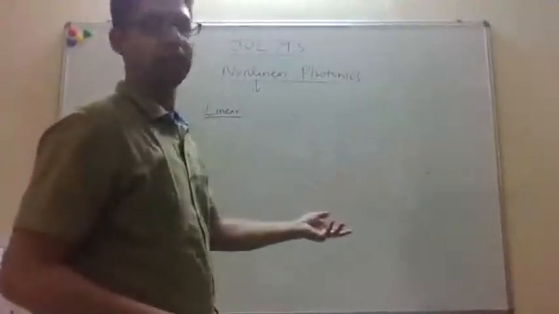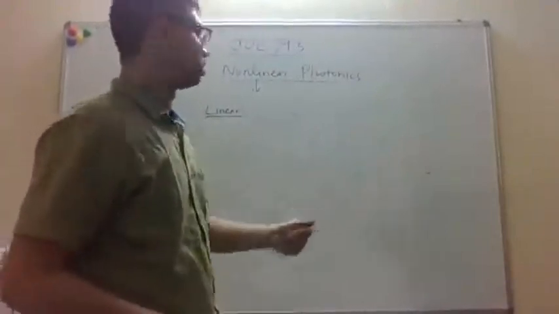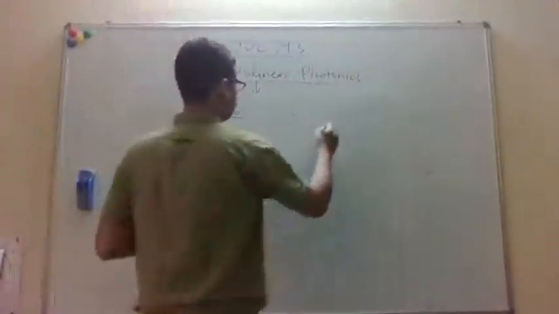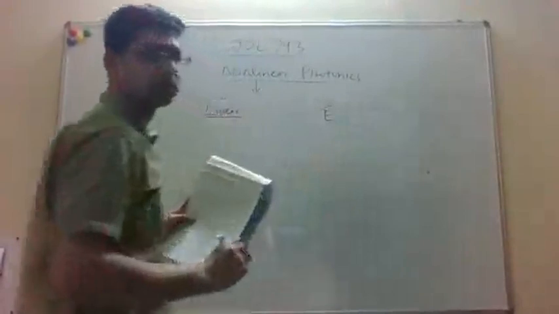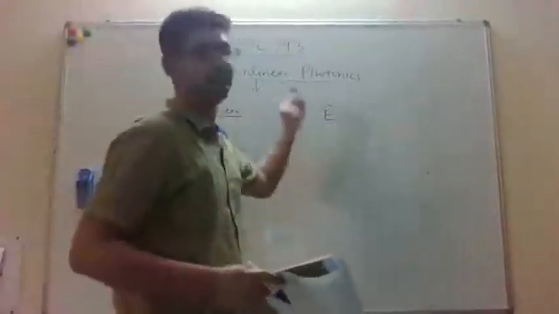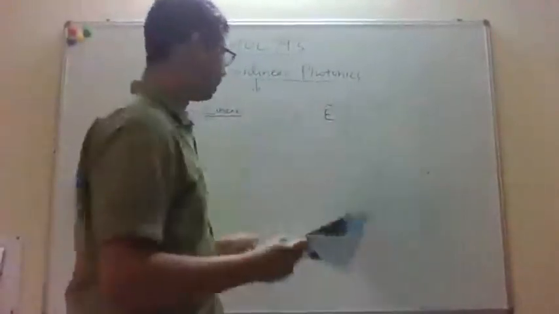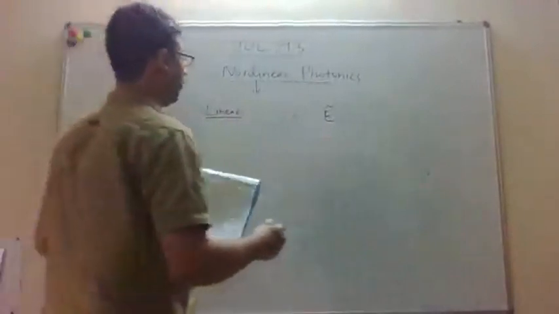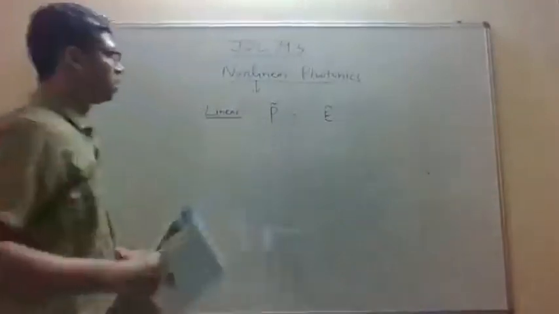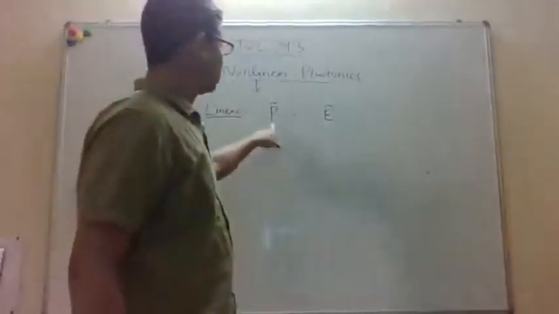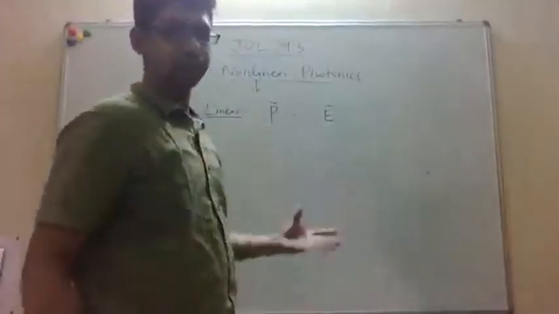So you can take the electric field corresponding to that as the input. This corresponds to my x, and then the y that we look at is the polarization in the medium.